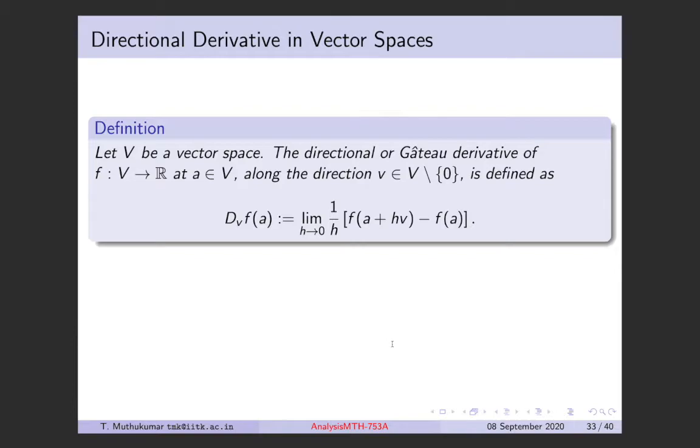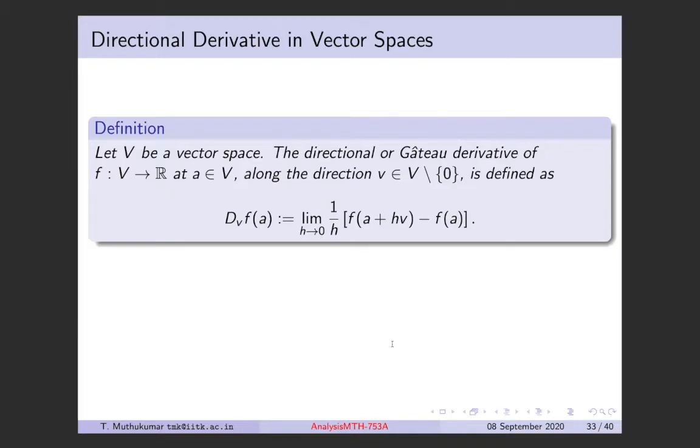Whereas in higher dimensions, the moment you go to R2, there are infinite directions. You can approach a point from anywhere around the point. So we can take the notion of real derivative and apply it along a line through that point, along every possible line through that point. This is the notion of directional derivative.